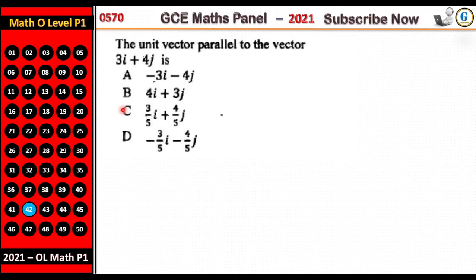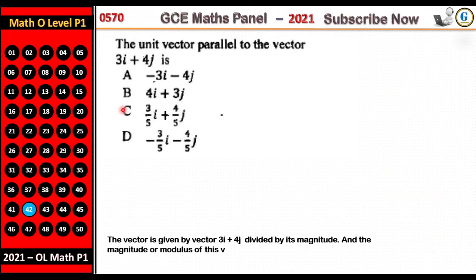Then the unit vector parallel to the vector 3i plus 4j. A vector is parallel to another vector if it's a scalar multiple of that vector. If we multiply that vector by a number, it gives us the other one. But the unit vector that is parallel to this is given by a over its magnitude.